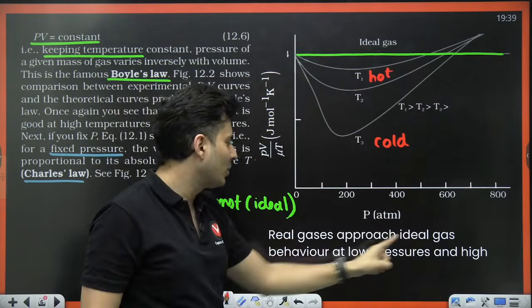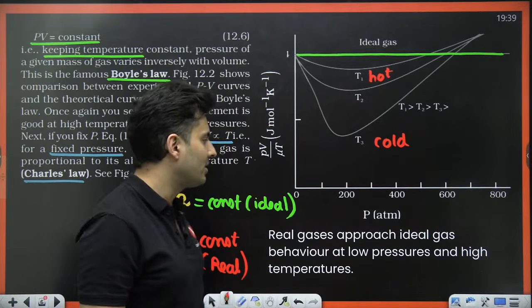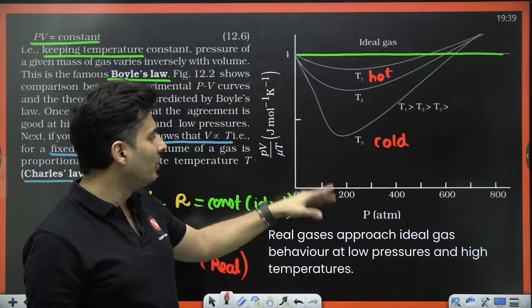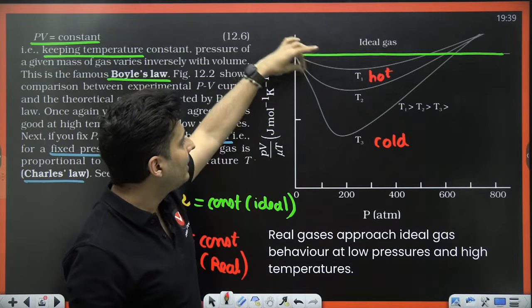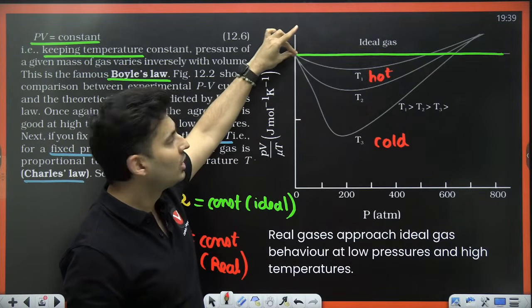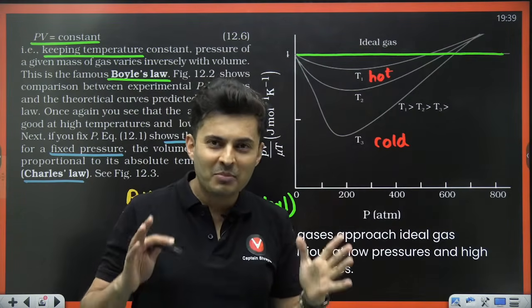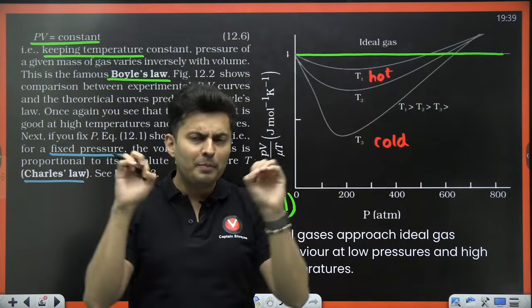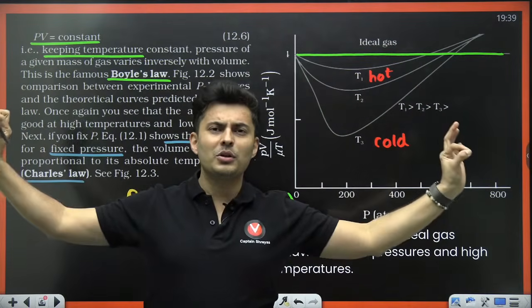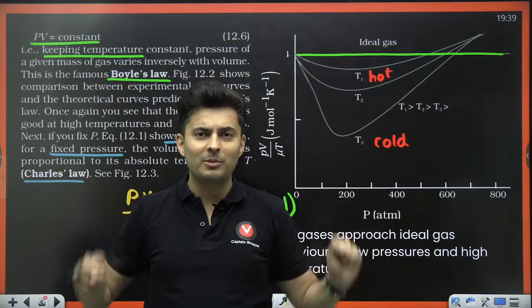So real gases approach ideal behavior at hot temperatures and low pressures. You can see when the pressure is low, all these lines are coming very close to the ideal behavior. Why might this be happening? Because when temperature is very high and pressure is low, the molecules have a lot of energy and they are very far away from each other.